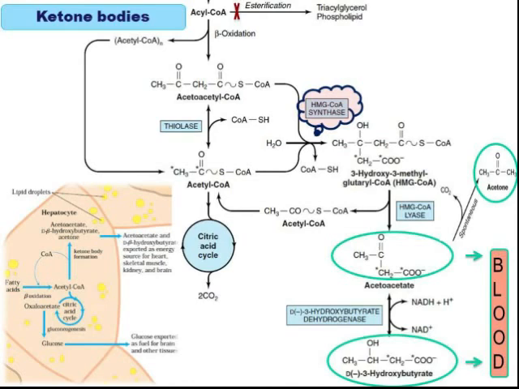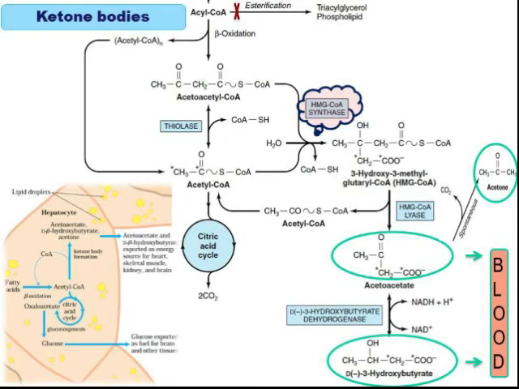Acetoacetyl-CoA again undergoes condensation with another molecule of acetyl-CoA to form 3-hydroxy-3-methylglutaryl-CoA, or HMG-CoA, by the enzyme HMG-CoA synthase. The enzyme HMG-CoA synthase is only present in hepatic mitochondria and is the rate-limiting enzyme for the formation of ketone bodies.